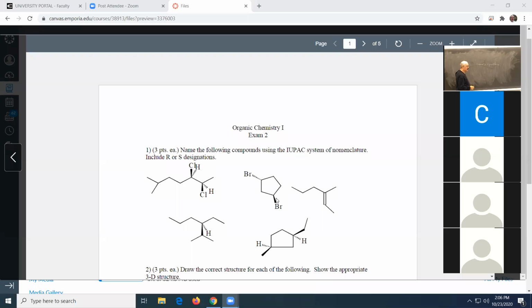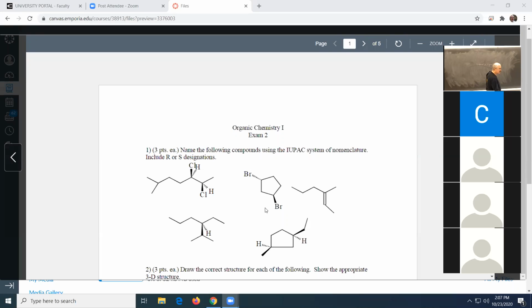We could start at either position. I'm going to start up here. So bromine is 1. Hydrogen is forward. We have a CH2 and a CH2. Those are the same, but we move on and compare the next one over, and it's a CH2 versus a CHBr. So this one takes priority.